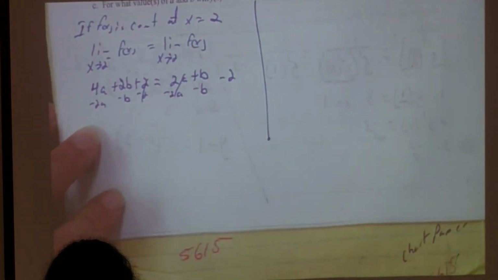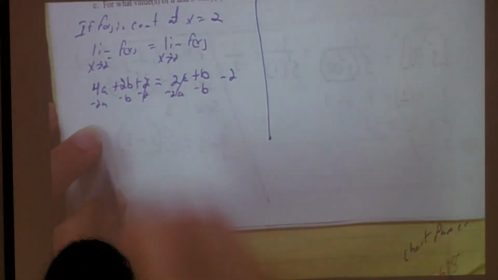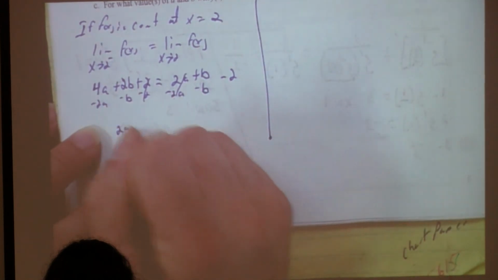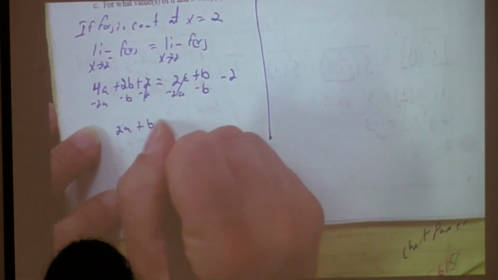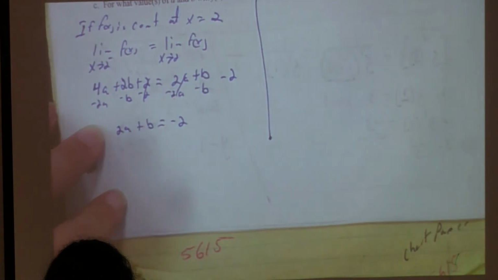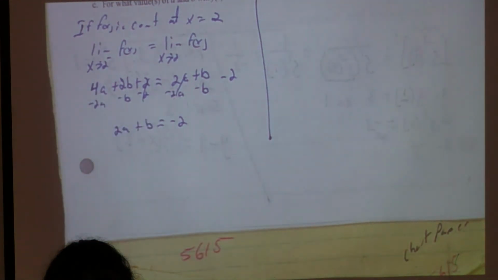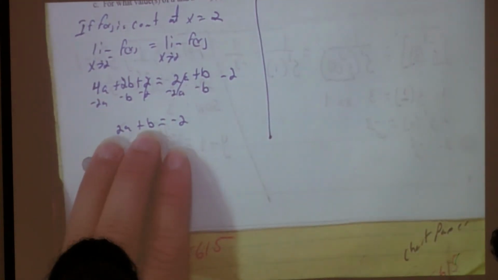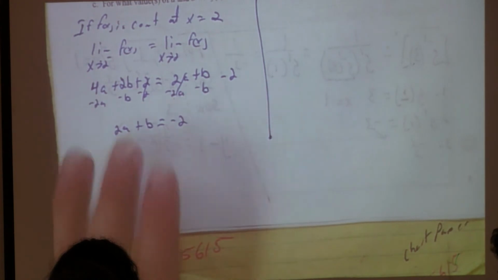So what do we end up with? What's 4 take away 2? 2a plus b equals... I already have it set up in the proper relationship to make it easier for me to work. Good? That's the relationship between A and B that has to exist in order for it to be continuous.